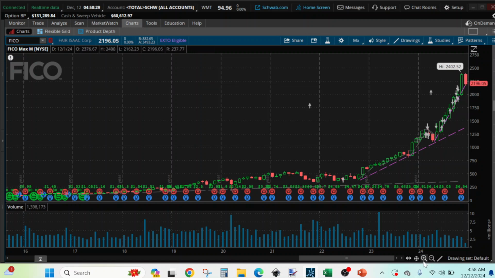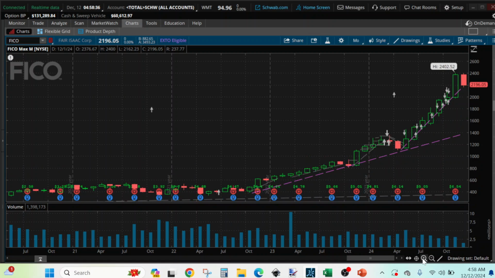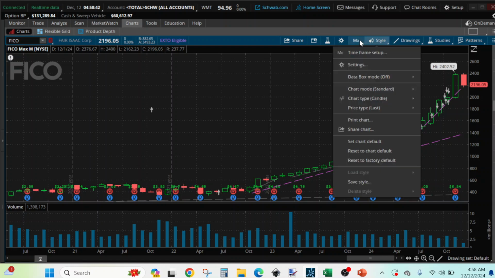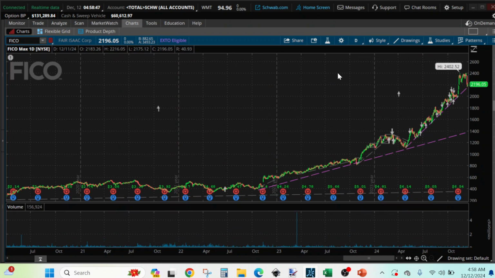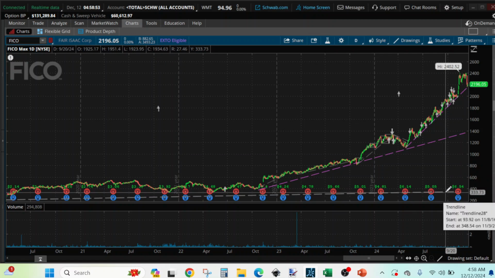But now if we go back to, I don't think I wanted to continue zooming here, but we can go to our maximum daily chart. The long line that we chose before is this one, or the monthly, maximum monthly.